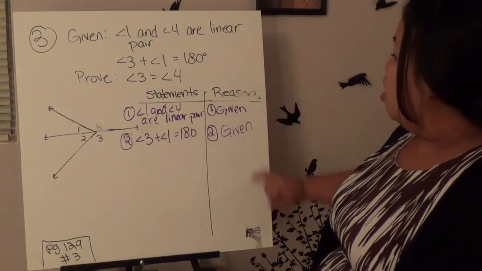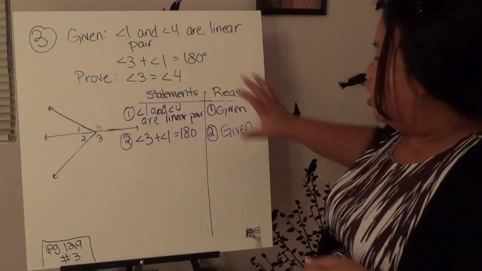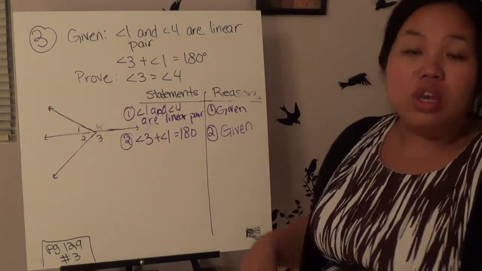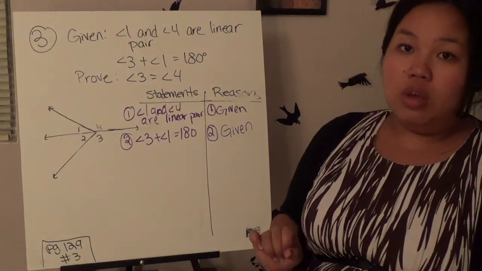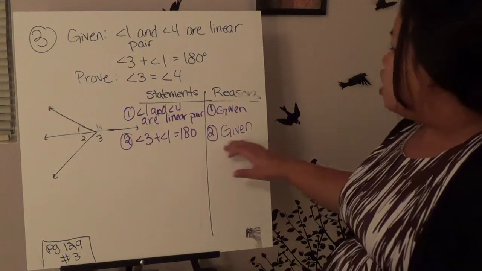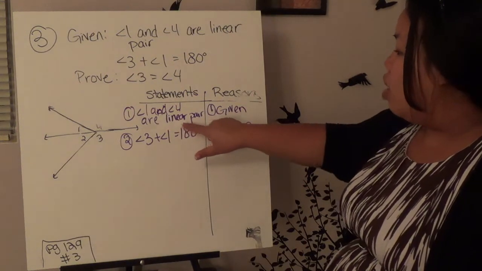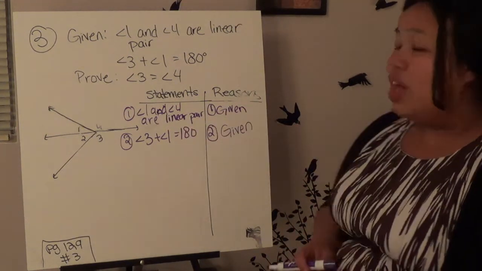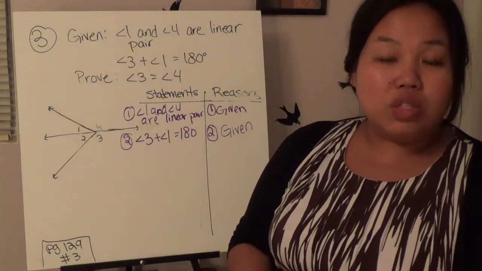But here, your reasons is what you should start with. A lot of people think that you should come up with a statement and figure out the reasons. First, figure out the reasons and then apply it to our problem. Okay? So you should already know what this reason is. For example, this is talking about linear pair. Well, I know that anytime something is linear pair, it adds up to 180. What allows me to do that?